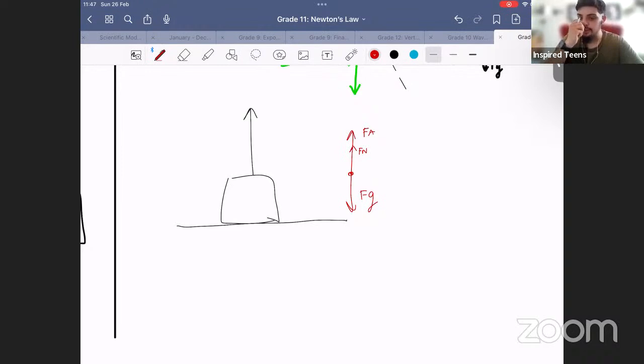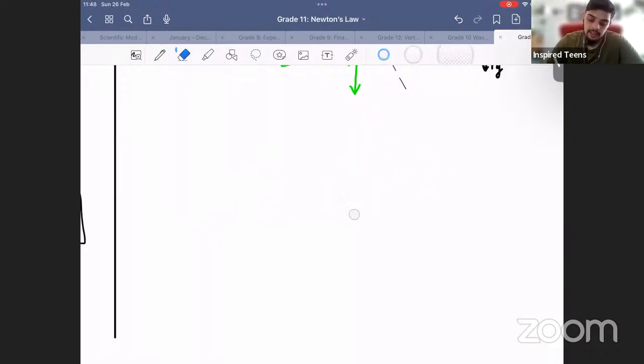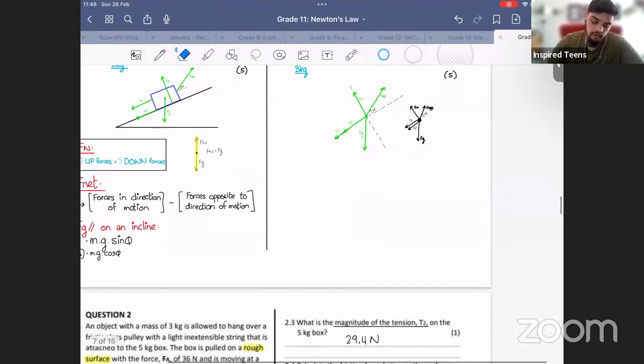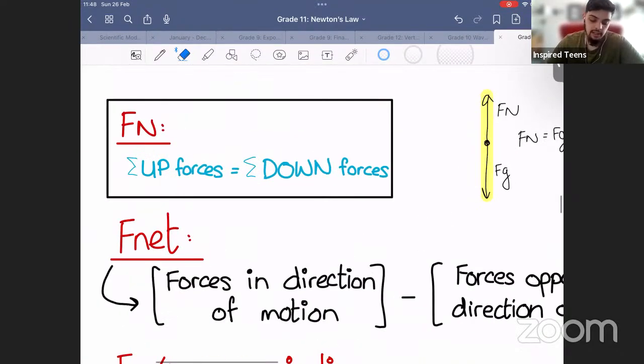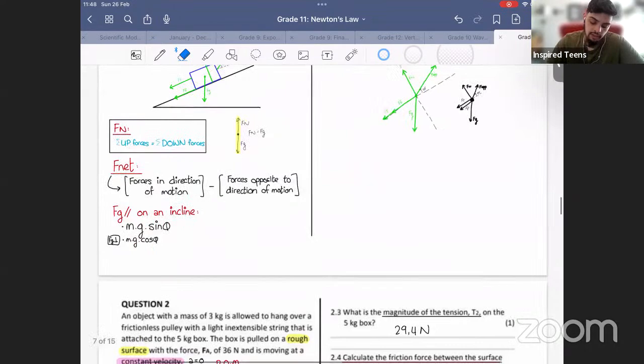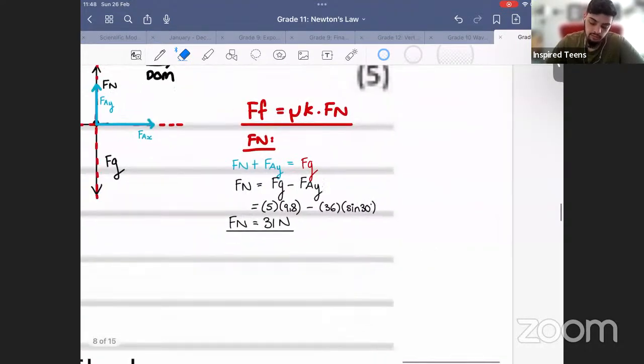At the end of the day, in that case, there's no diagonal force, but Fn is not just equal to Fg. So don't default to that assumption. In many easy cases, if there's no diagonal force, yes, Fn is equal to Fg. However, to be certain and 100% correct, just use this: to get Fn, the sum of the up forces is equal to the sum of the down forces.